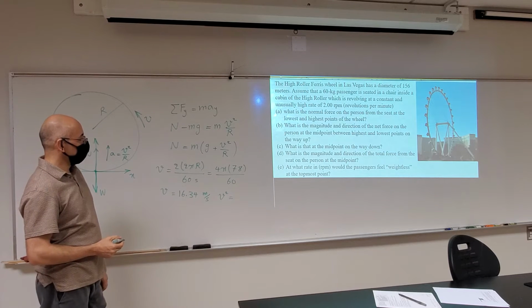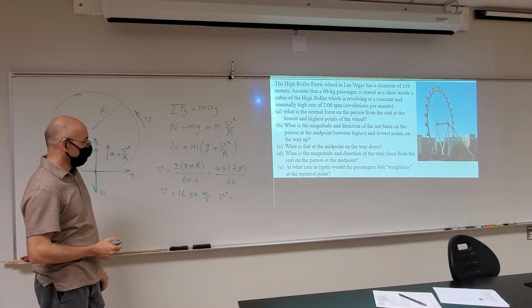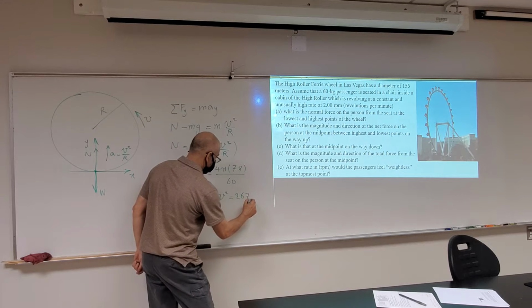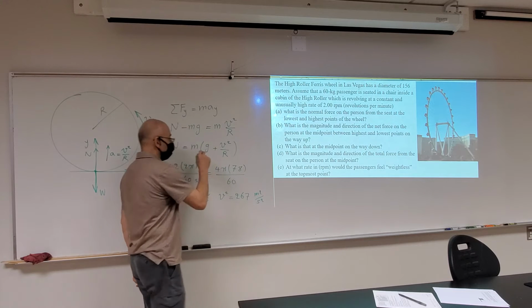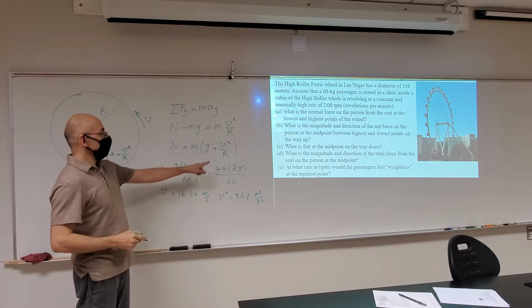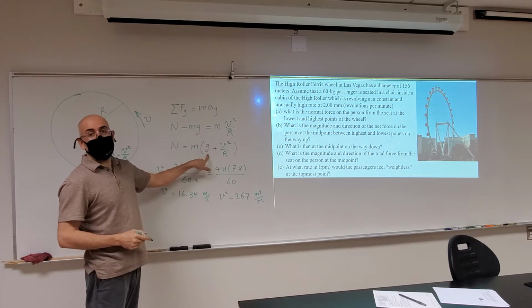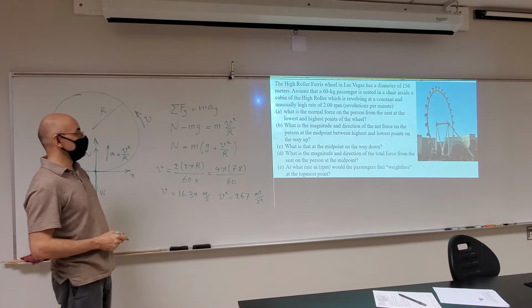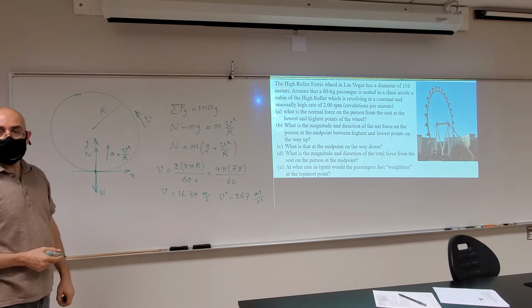Just multiply it by itself. The square becomes 267 meters squared per second squared, because we are going to use that again. All right, let's divide by r, which is 78, add to g, and then multiply by the mass of the person. We get the normal force, right?